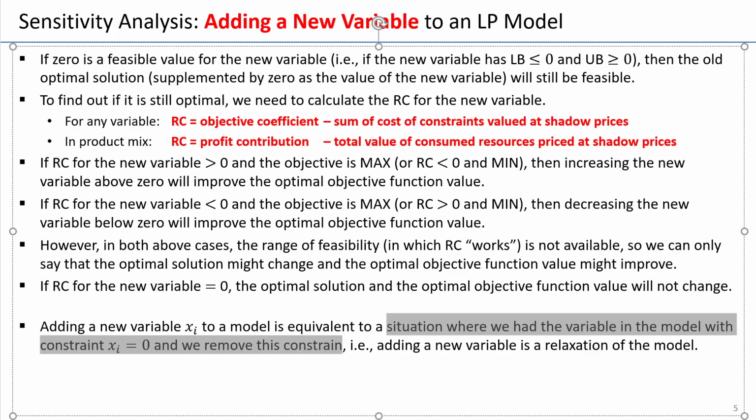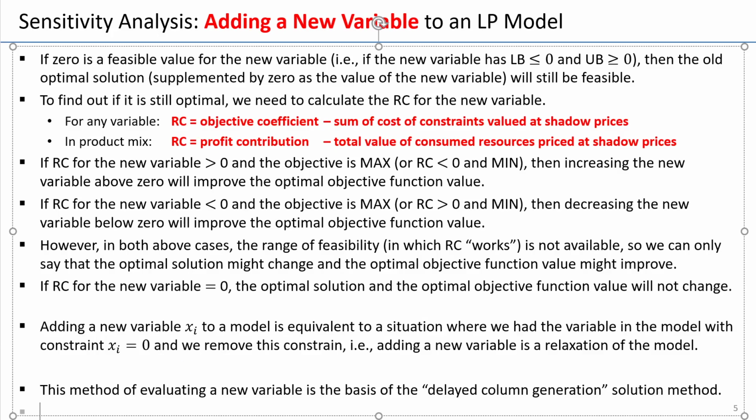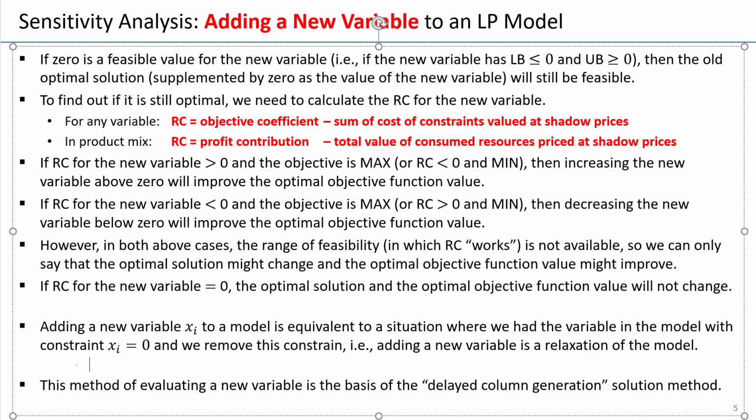And one final thing I want to say is that this method of evaluating a new decision variable using reduced cost is actually a basis of a very useful solution method for linear programming models called delayed column generation.